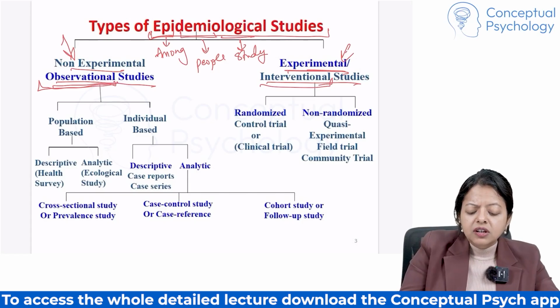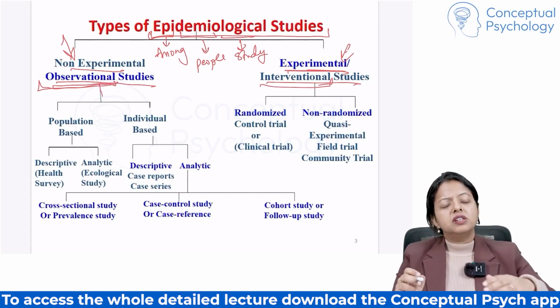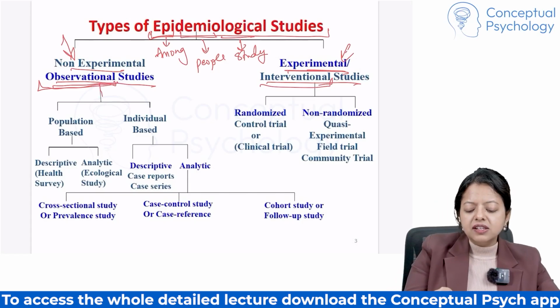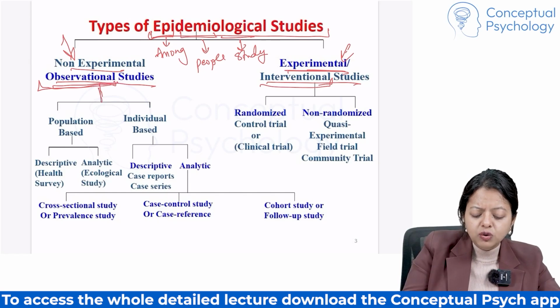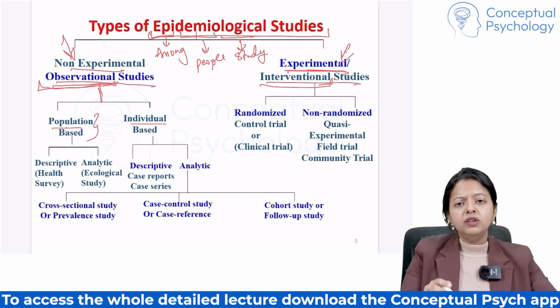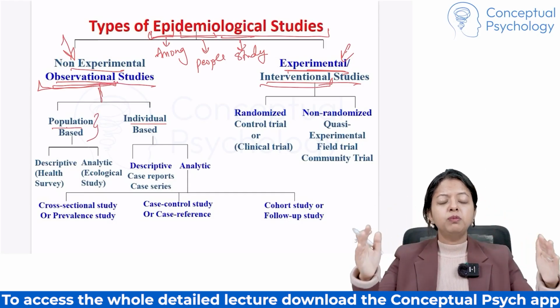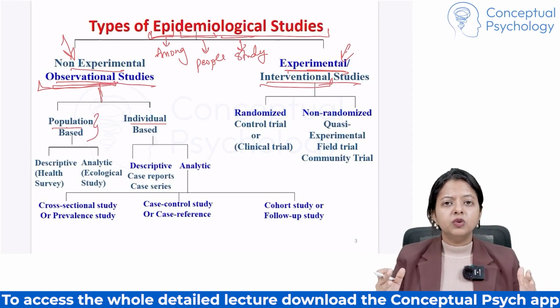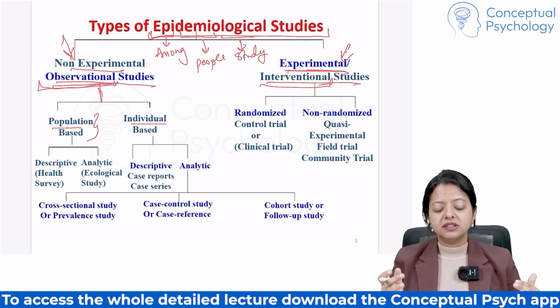So let's first look at the observational studies in detail. They are broadly classified into two groups: population based and individual based. Population based means when you are studying the population as a whole, you are analyzing population parameters.